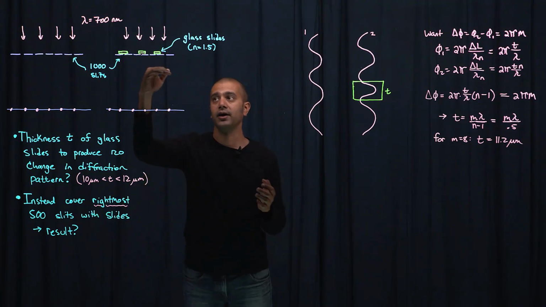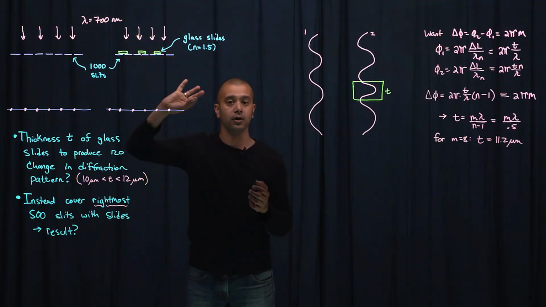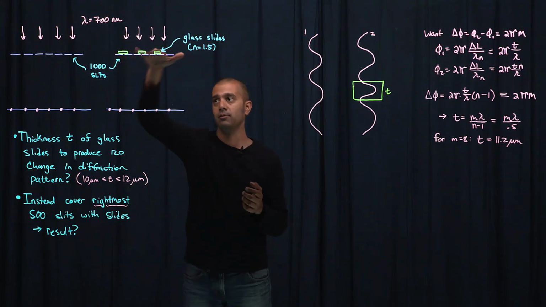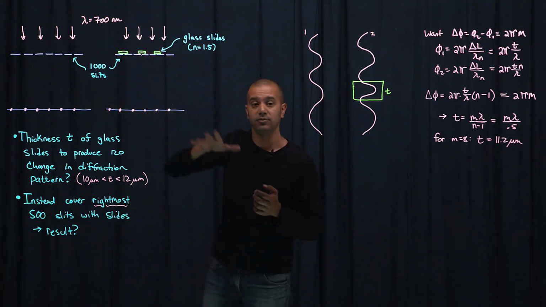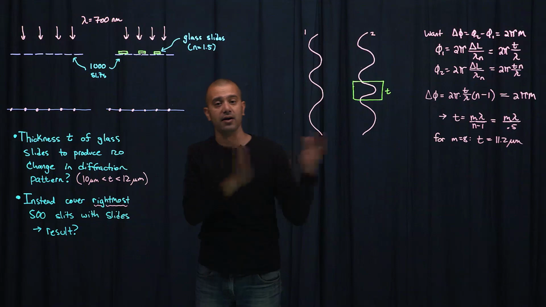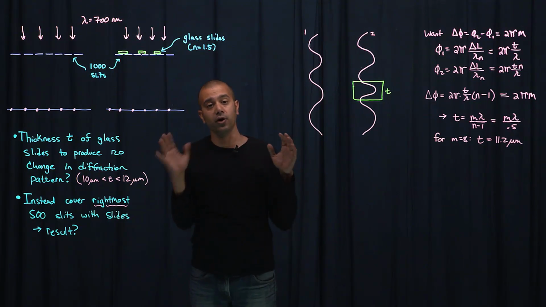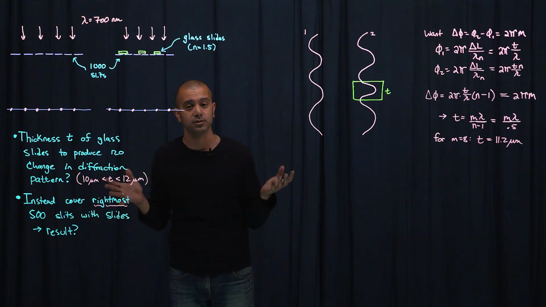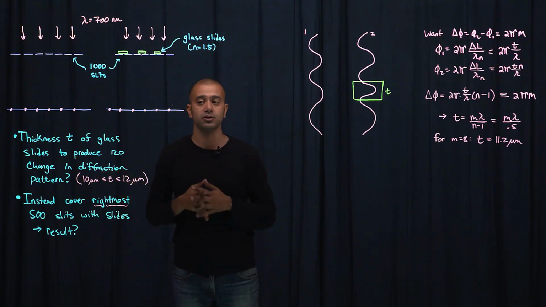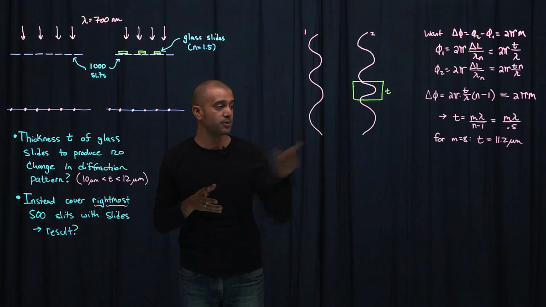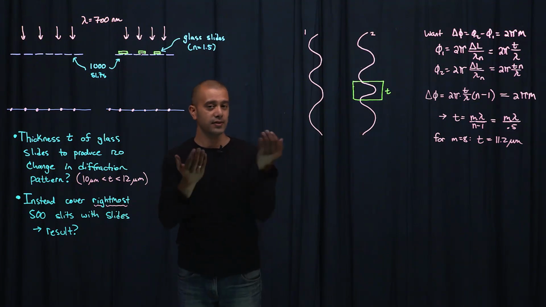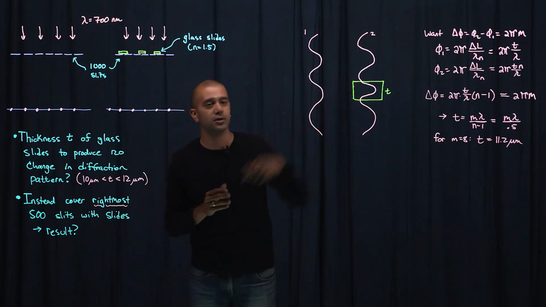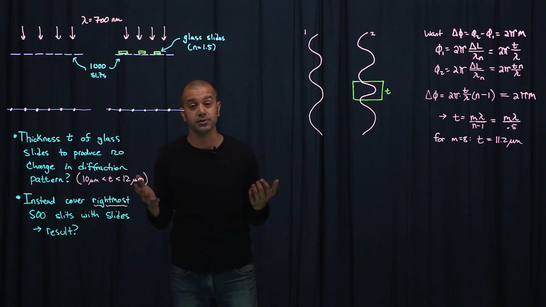So if they're at the same phase, it doesn't matter if you cover the glass slide or not. They're going to be back in phase when they're about to enter the slits, and you're going to get the same diffraction pattern. It doesn't matter if you cover 500 of them, if you cover every other one, if you cover only one of the slits, or if you cover 999 slits, or if you cover all the slits. You're going to have the same situation. And then again, that matters because you've chosen the thickness correctly to get these guys back in phase once it's traversed this glass slide.